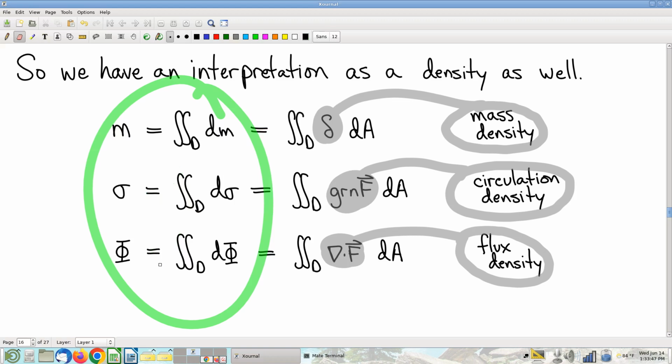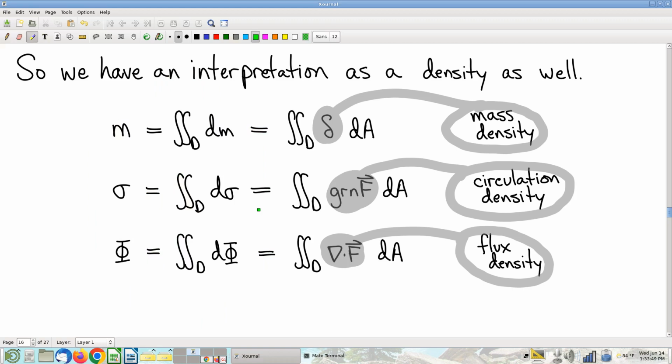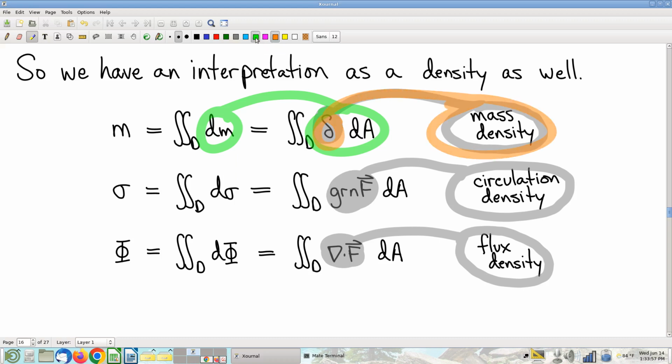And likewise, in the same way that little pieces of mass can be related to areas by way of a density, likewise, little pieces of circulation can be related to area by way of its circulation density that we talked about previously, right? Green's operator is circulation density.